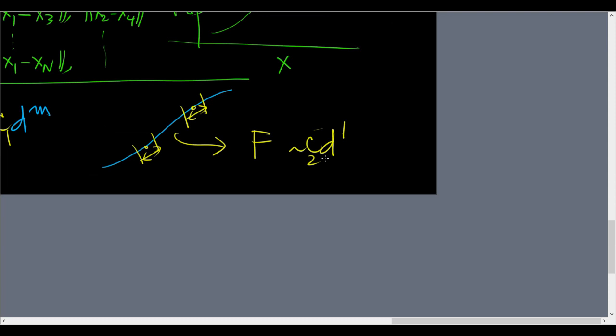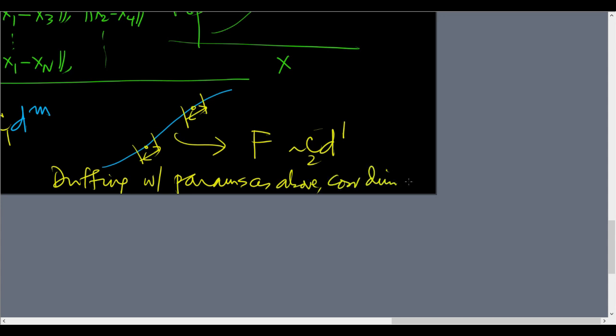So for Duffing with parameters as above, correlation dimension is 1.2. The other one was about 1.24. I admit that I have not done error estimates on it, but 1.2 and 1.24 are, I think, visibly different.